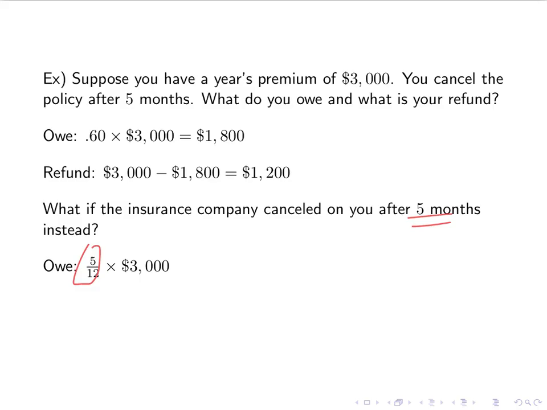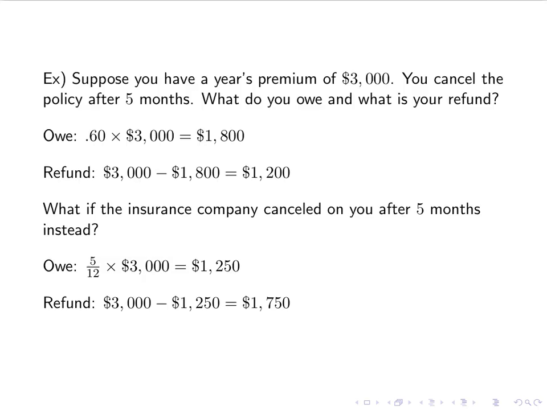So again, if the insurance company cancels, we're looking at the proportion of the months that we had it for. So I'm just looking at 5/12 of 3,000, which is $1,250. The refund, again, is the difference. So $1,750. If the insurance company cancels on you, you end up paying less than if you cancel on them.